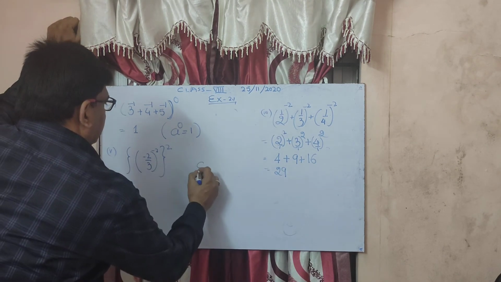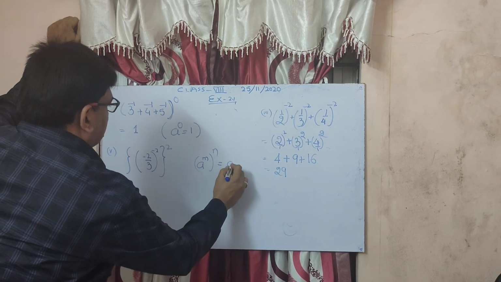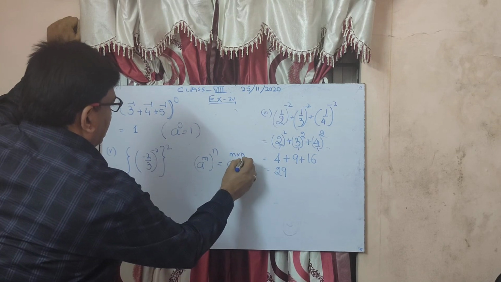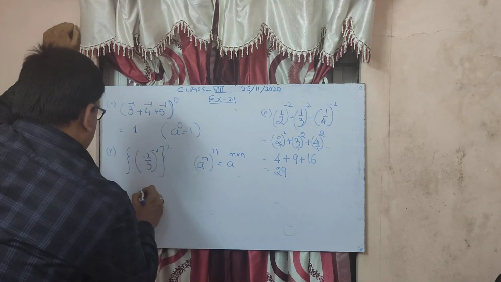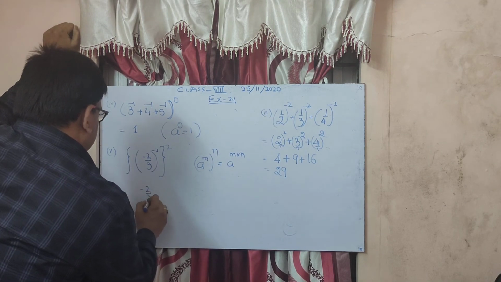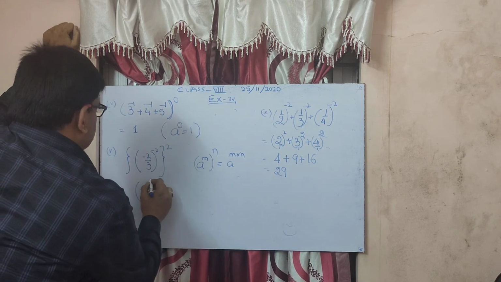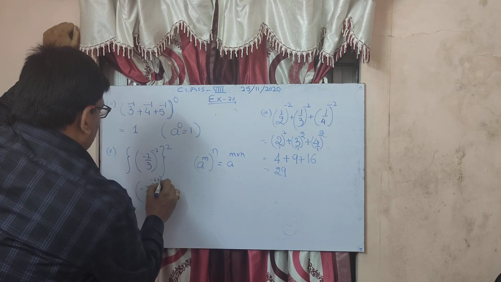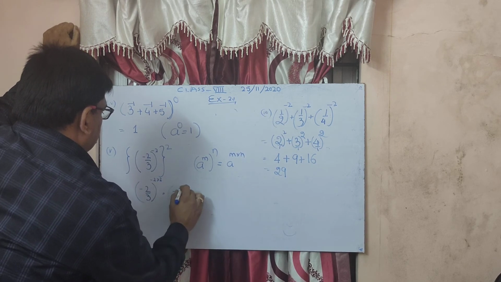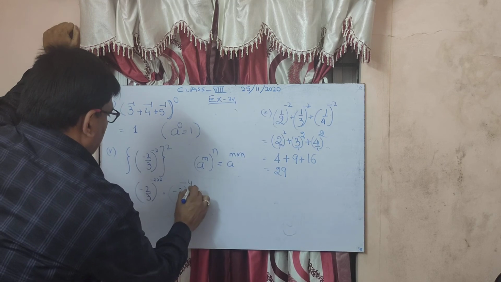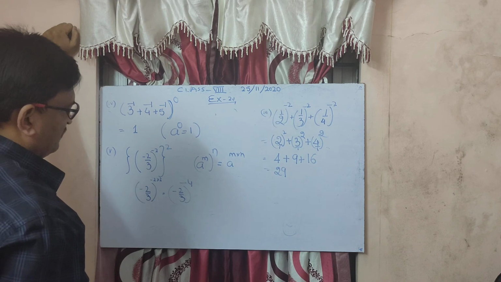Now you know the formula, a to the power m to the power n is equal to a to the power m into n. According to that, minus 2 upon 3 to the power minus 2 into 2, which is minus 2 upon 3 to the power minus 4.